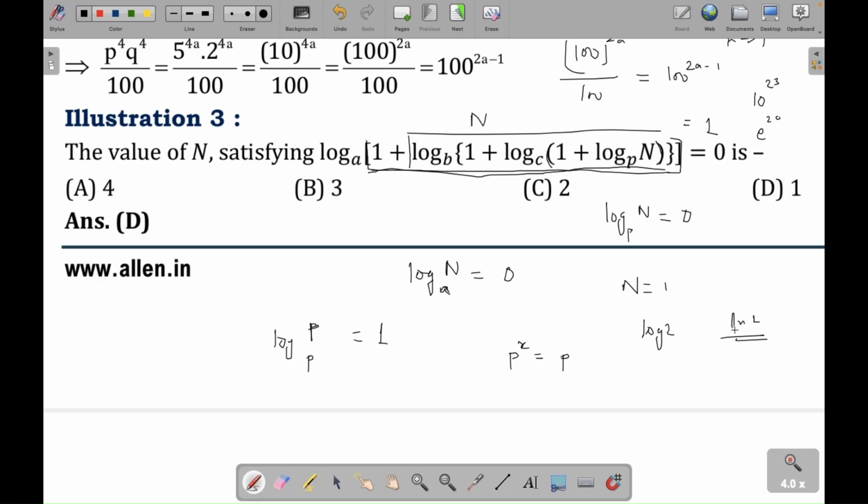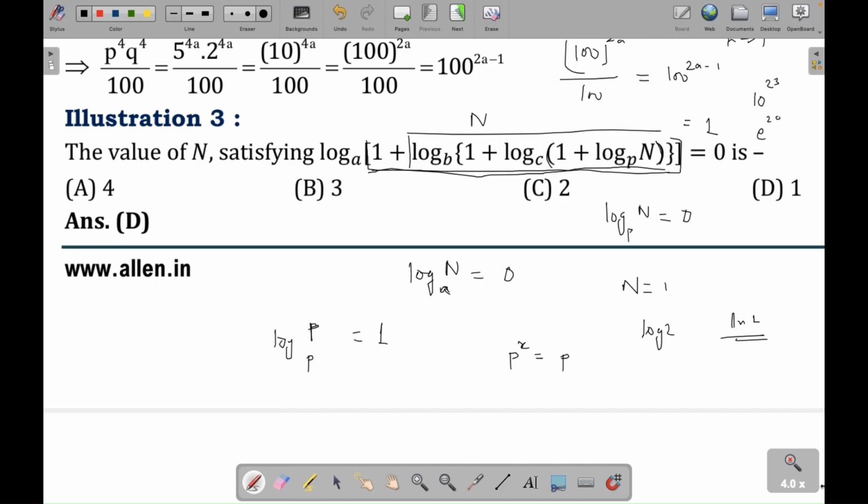Even when you are appearing for any JEE examination, you get log tables, because you cannot remember the log values. There are certain logs that you can remember, like 2, 5, since you'll use them frequently. But if you have different logs, say log 2.173, you'll be given the value of that.